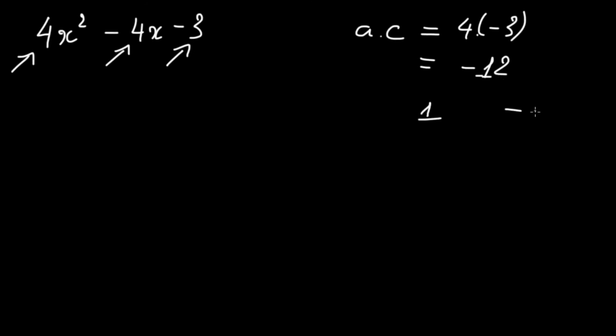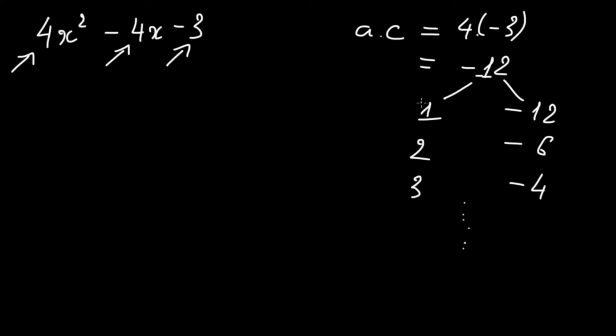And we break negative 12 into two numbers again. See 1 and negative 12. 1 times negative 12 is negative 12. And then 2 times negative 6 and 3 times negative 4, and so on, right? So we choose the set that when we add them together, we get b.